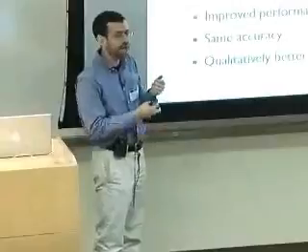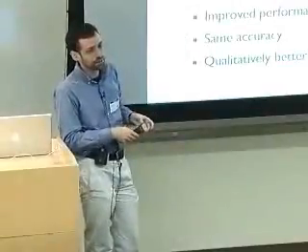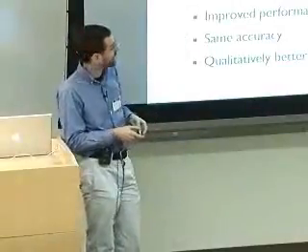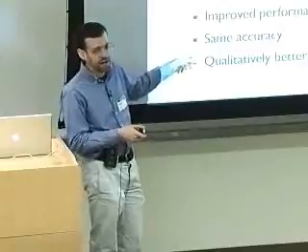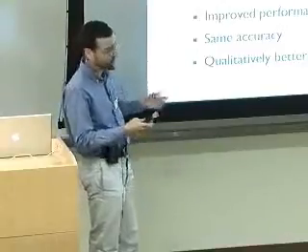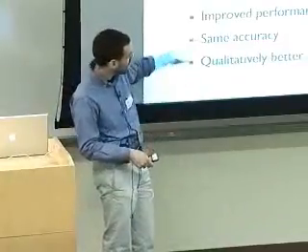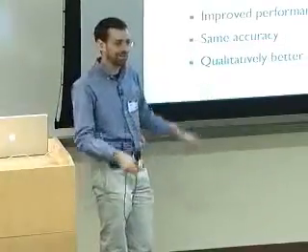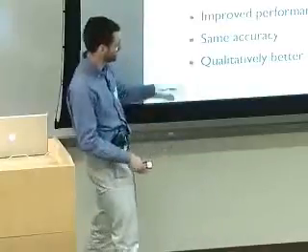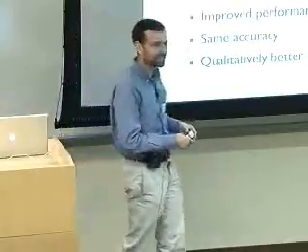And we found that path projection improved performance, and by that I mean completion time for this task. It had the same accuracy. I don't know whether that's good, but it's certainly not bad that the accuracy didn't get any worse with it. And users liked it. At least when we asked them whether they liked it, they suggested that they did. So that's at least positive.